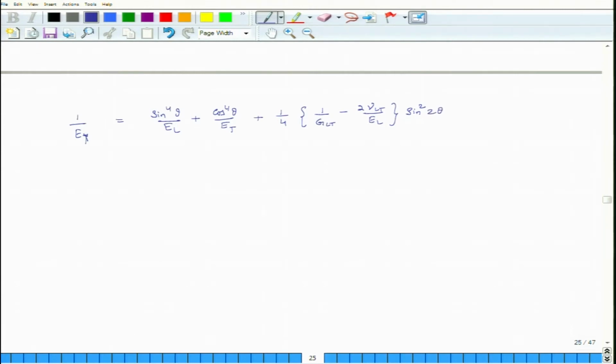This is the relation for Ey, and to get to it we have to follow exactly the same process which we did earlier.